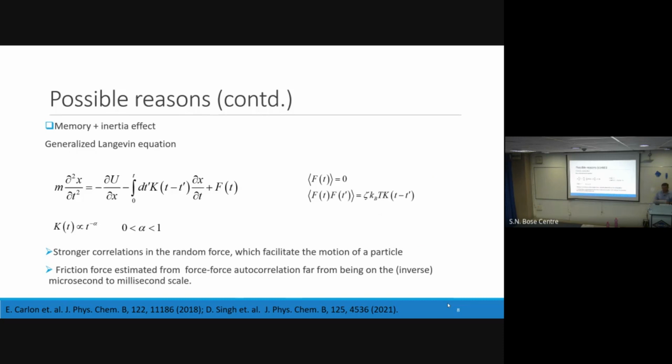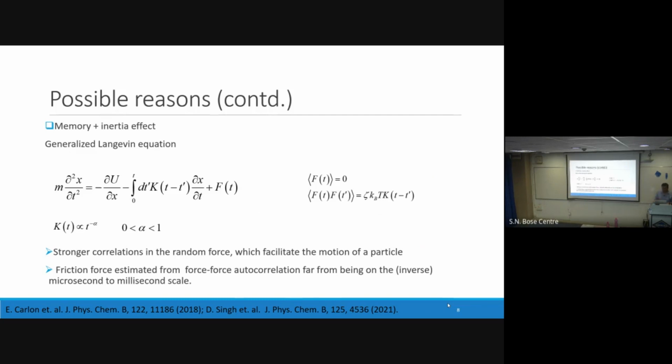When alpha is 1, it is completely Markovian and goes back to the original Langevin equation. A stronger correlation in the random force actually facilitates the motion, so the propagation will again be faster. Then we will not get the longer time tail, but a shorter time scale than the experimental one.